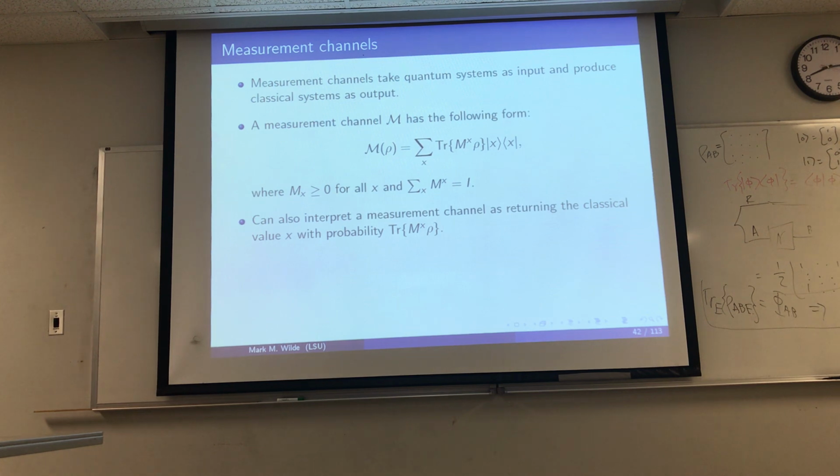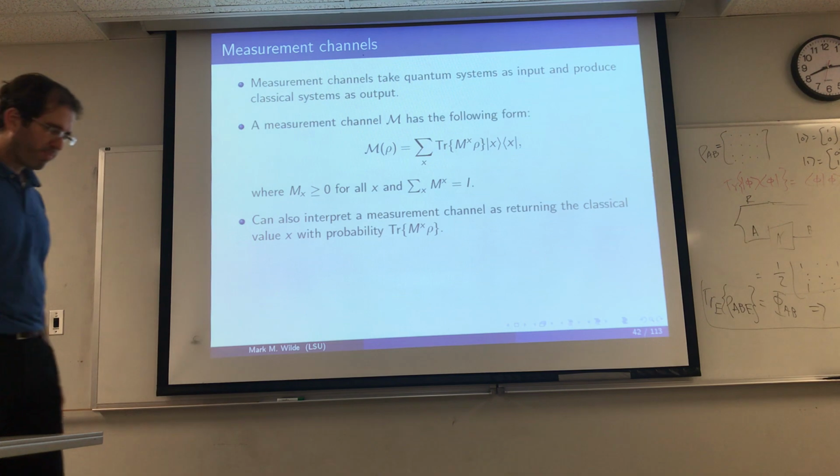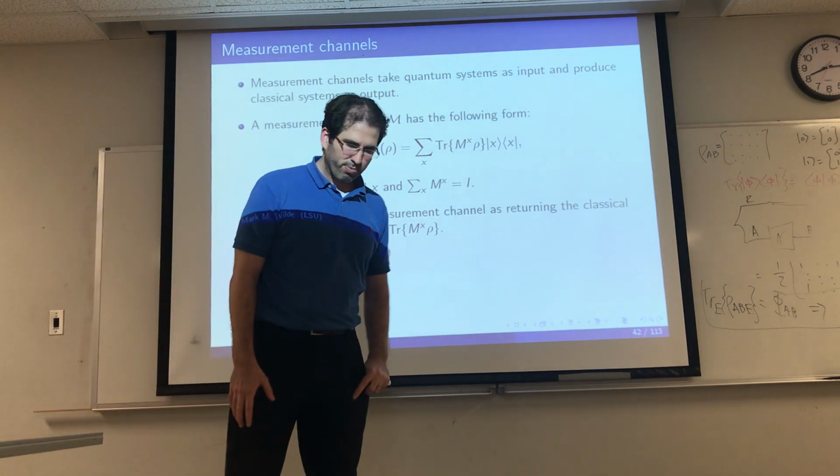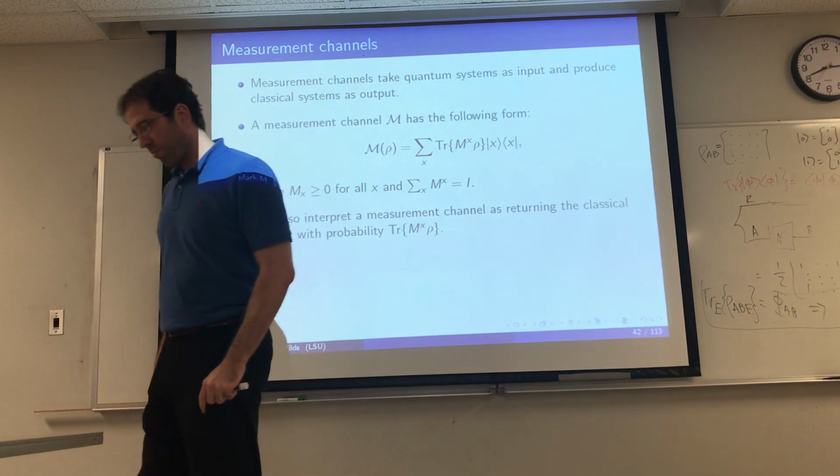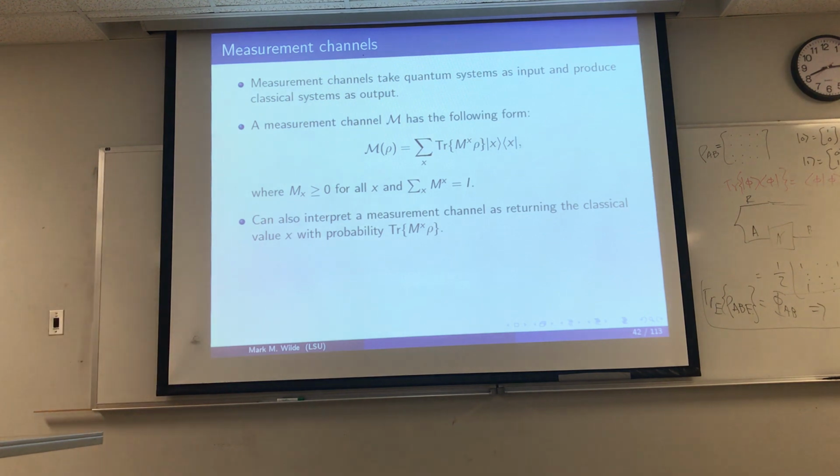How does one obtain this M_x operator? How's it built? That corresponds to your device. You would have to characterize your device in some way. That's a good question. You have to measure the measurement, right?